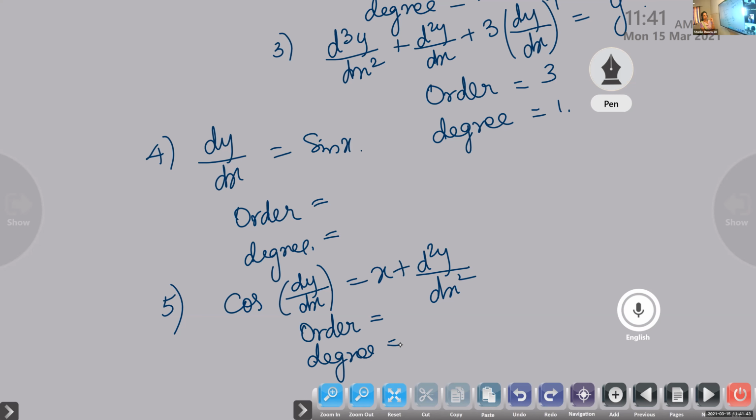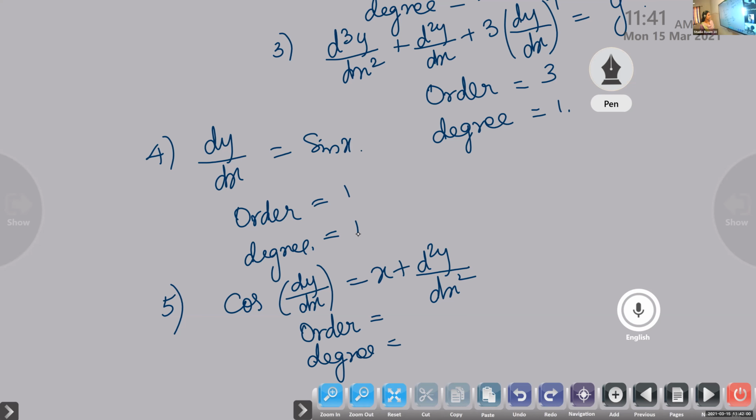Yes, Shubham, what is the order and what is the degree? Order is 1 and degree is also 1. Very good, Shubham. It is correct. What about the second case? Aparna.